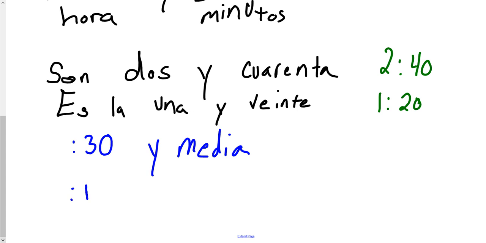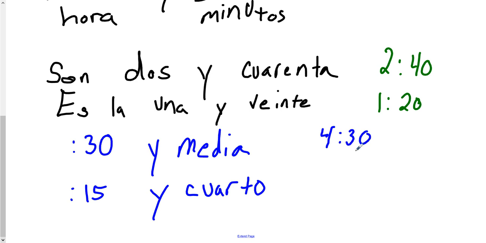For 15 after, they say cuarto, not cuatro, cuarto, R-T here, which is a quarter after. So again, if I want to say it is 4:30, I would say son las 4:30.